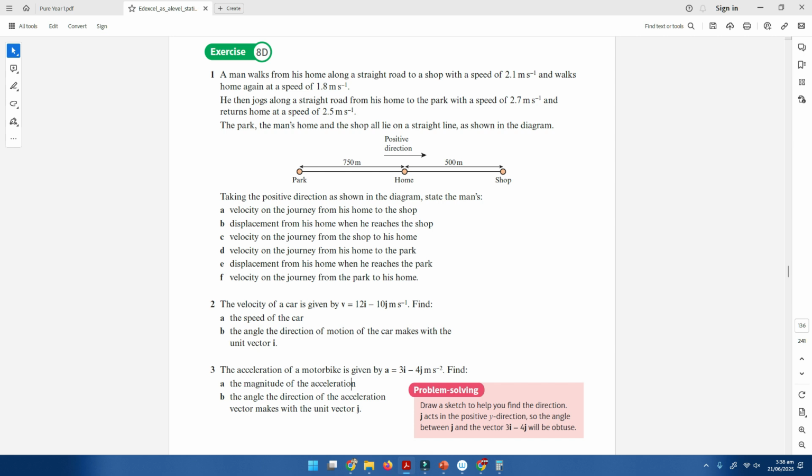A man walks from his home along a straight road to a shop with a speed of 2.1 meters per second and walks home again at a speed of 1.8 meters per second. He then jogs along a straight road from his home to the park with a speed of 2.7 meters per second and returns home at a speed of 2.5 meters per second. The park, the man's home, and the shop all lie on a straight line as shown in the diagram: park, home, shop. And from left to right is the positive direction. Take the positive direction as shown in the diagram and state the man's velocity on the journey from his home to the shop.